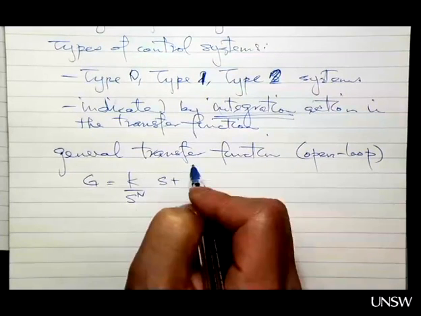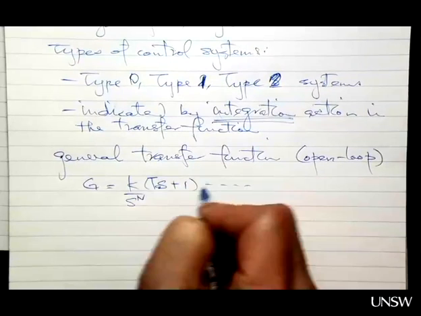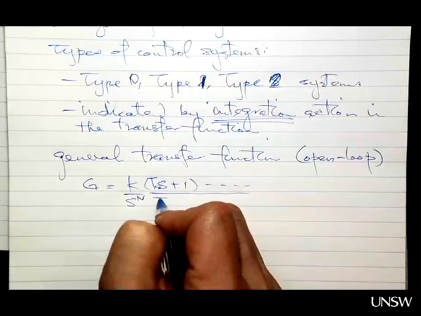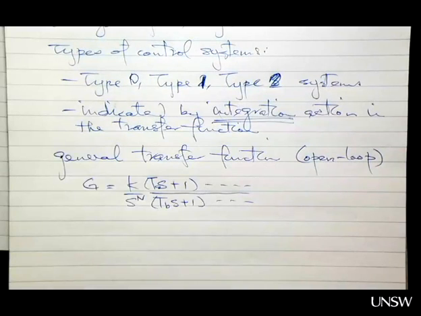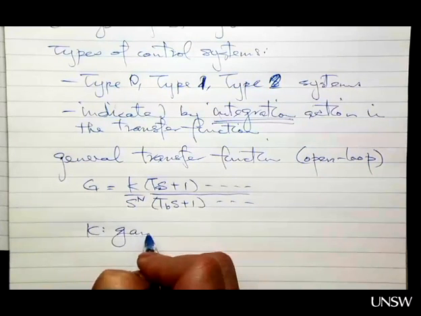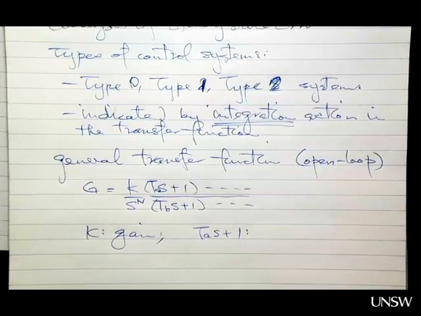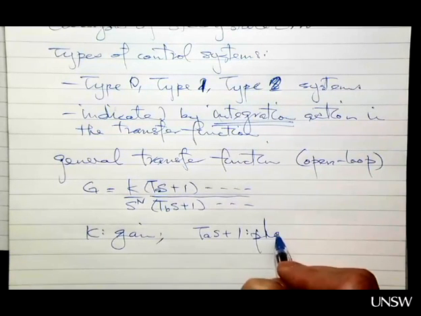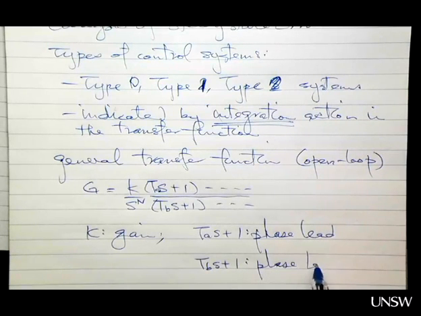And then TaS plus 1, then we have TbS plus 1, and then etc. So K is the gain, and then TaS plus 1, that is the phase lead, and then the TbS plus 1 is the phase lag.